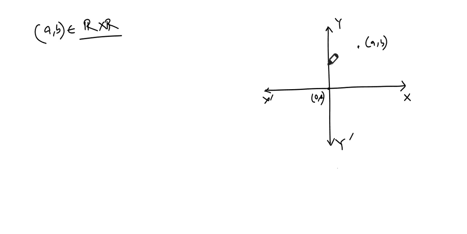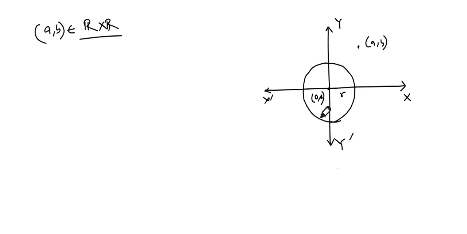Now we consider a circle there, which has center at (0, 0), and suppose the radius is small r.